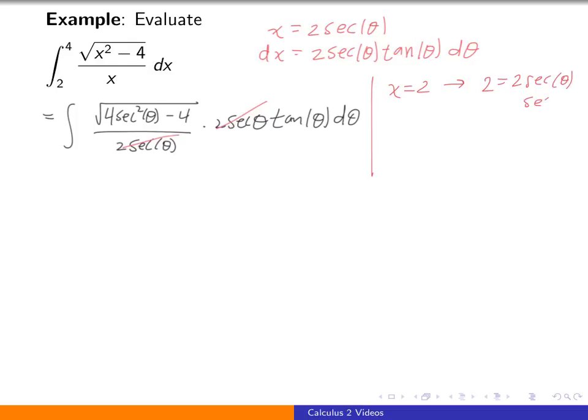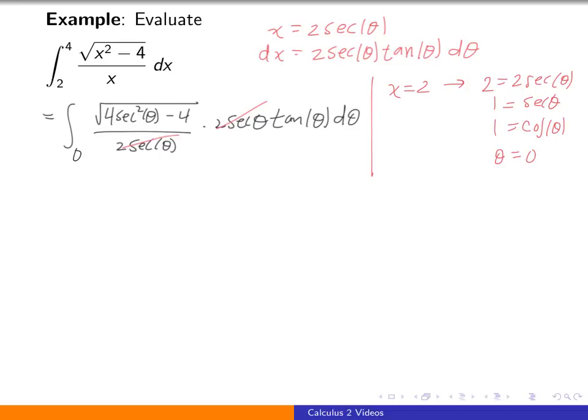So secant of theta is 1. And remember, secant is 1 over cosine. So cosine theta equals 1. Here we're thinking specifically in terms of 0 to 2 pi. That would imply that theta is equal to 0. So our lower limit of integration is 0.